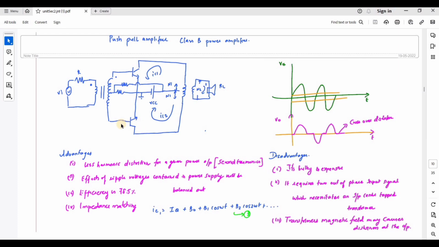You can see the base and the emitter are connected together. Thereby we can achieve a zero bias. In order to get a balanced circuit, the two emitters are connected to the center tap of the secondary of transformer 1 and VCC.